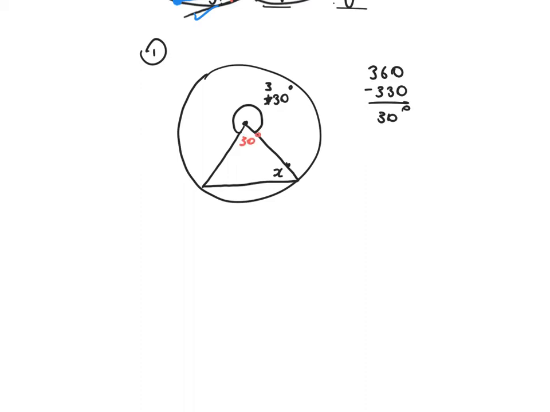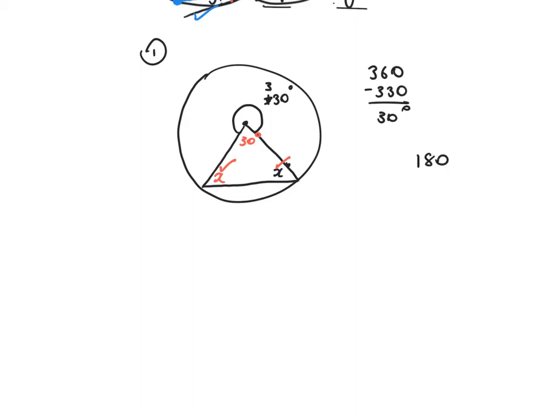Now the next thing that I know is that this length here is the radius, and this length here is also the radius, which means these two angles must be the same, so both of them would be marked as x. Next, I know that three angles in a triangle add up to 180.